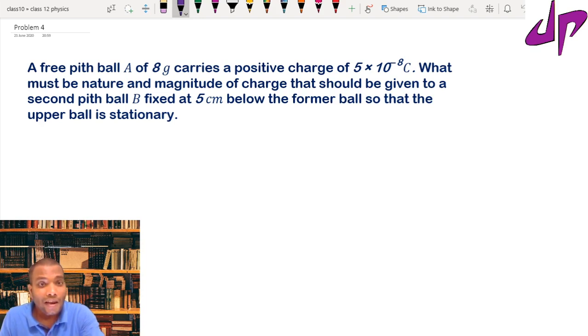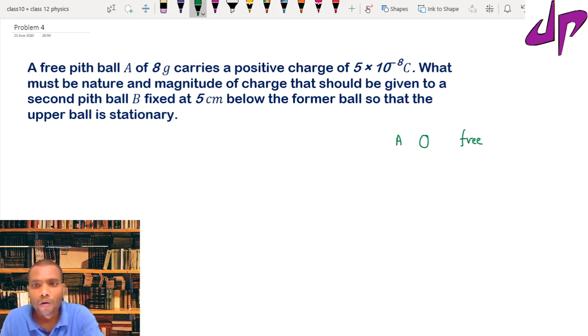If you analyze this problem, you will understand there are two pith balls. Pith balls means just small polystyrene balls. One is A, and this is free, it means it can move, fall.